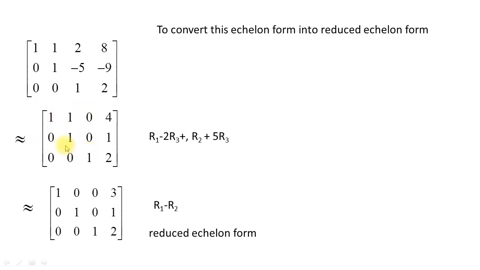So, this is the reduced echelon form of the augmented matrix, and we obtain it from this matrix by subtracting R2 from R1. Subtracting R1 from R2, and then subtracting R2 from R1, we obtain at this entry 0: 1, 0, 0, 3, 0, 1, 0, 1, 0, 0, 1, 2. This is the reduced echelon form.